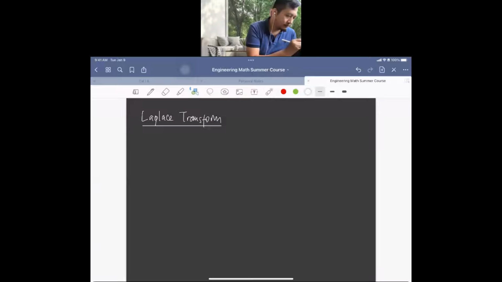Notice that we have differential equations, right? Basically, we have a differential equation that needs to be solved. And a differential equation means that probably we have something like y double prime plus 4y plus 2 equals something, right?